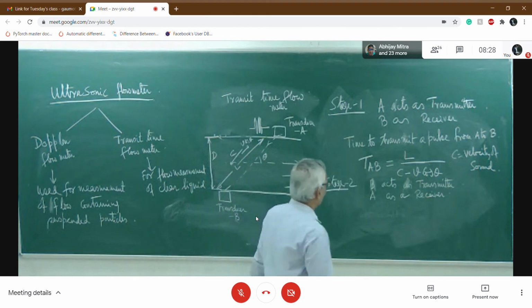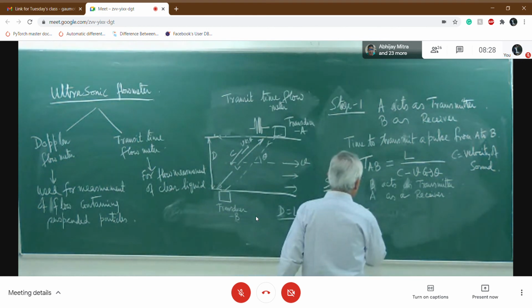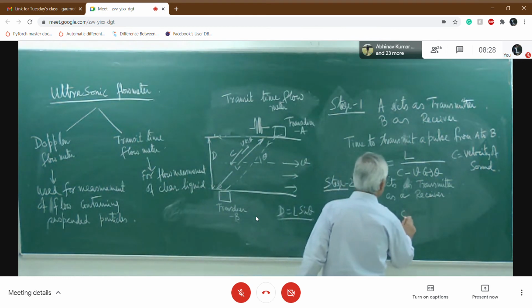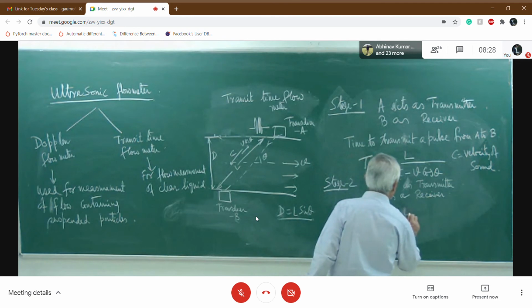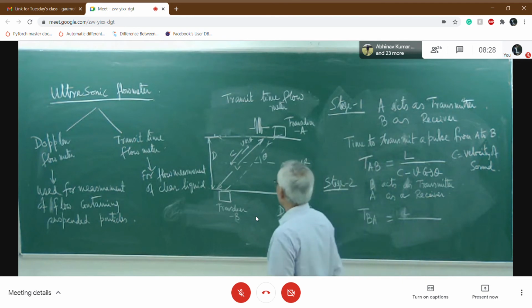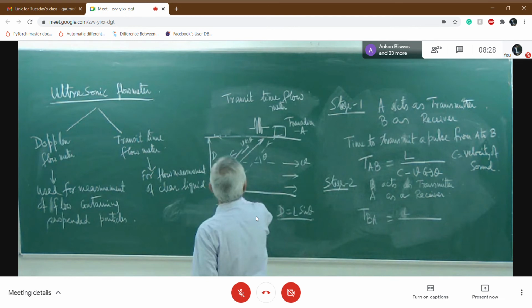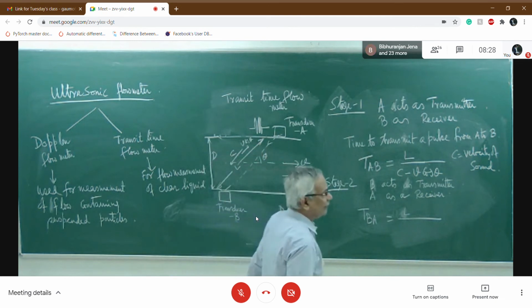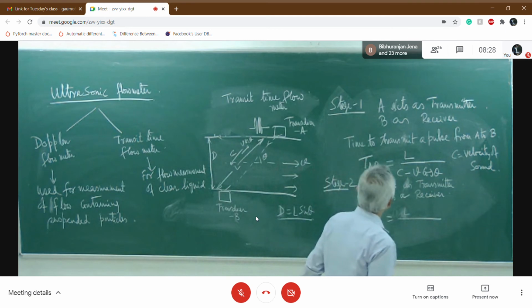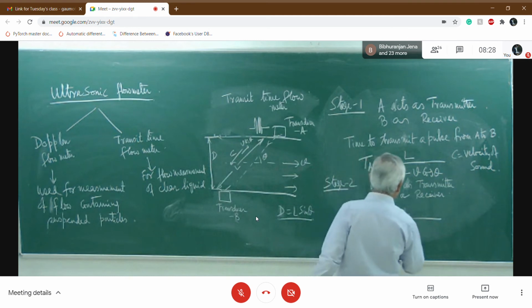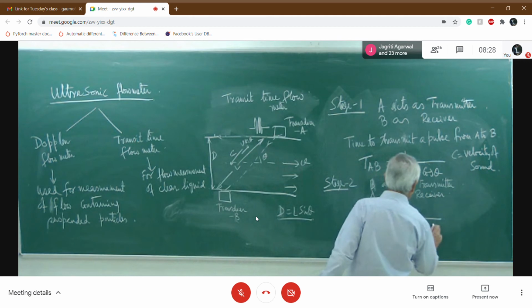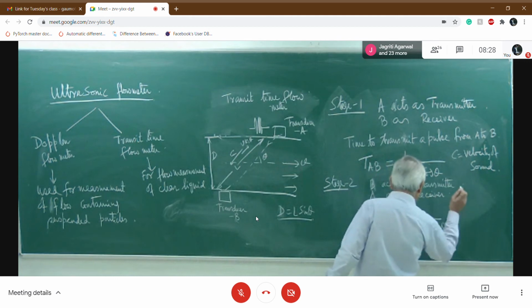On the other hand, for T BA, what will be the value? L divided by what? In this case V cos theta is aiding the sound to travel, so naturally it would be C plus V cos theta.